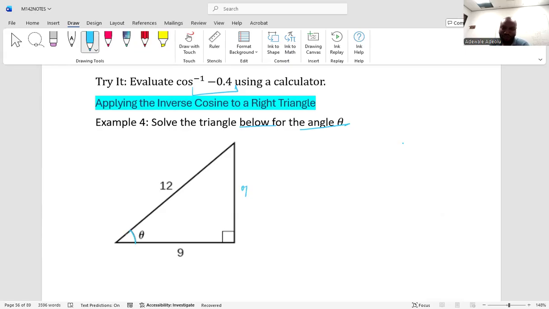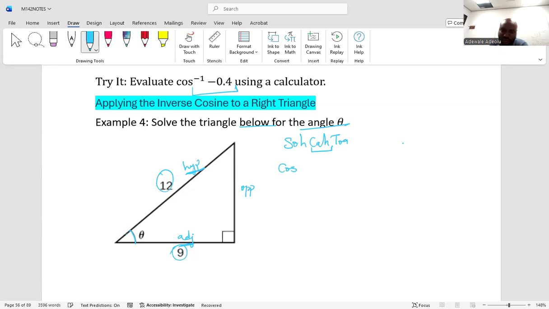Remember, this is opposite, this is hypotenuse, and this is adjacent. Since I have this length, let me just consider adjacent and hypotenuse. If I return to SOHCAHTOA, the one that has that is cosine.